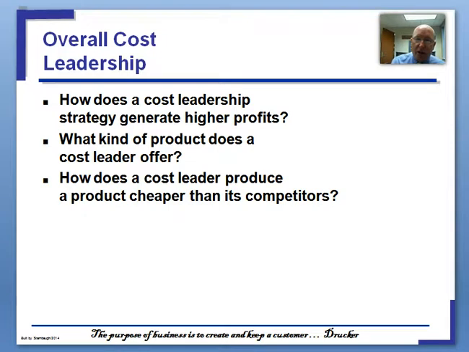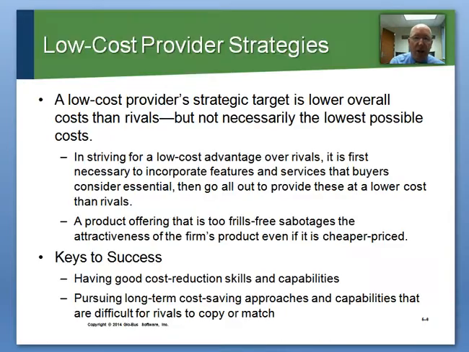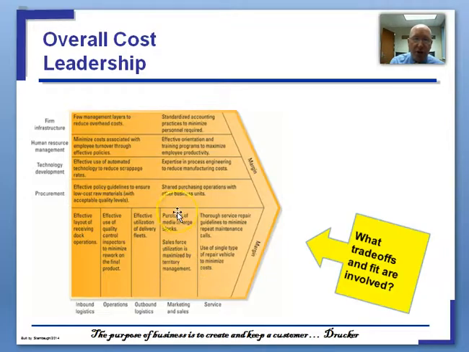And because of that, there are 2 general channels for how low-cost providers make superior returns, and I'll be talking about that in a later slide. So again, you've got to have a product that's on par, that has the essential features, but the key is you have to be able to lower your costs.